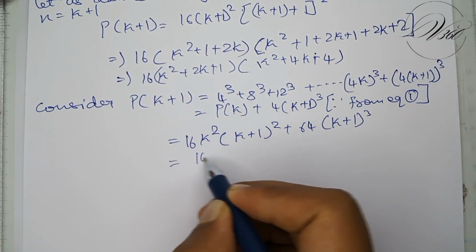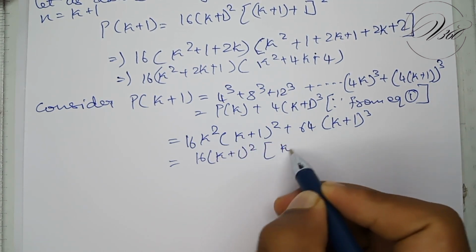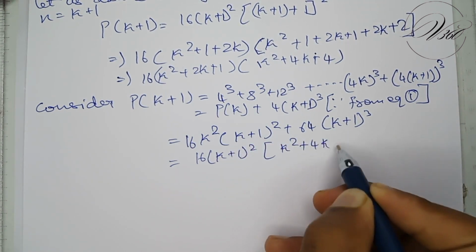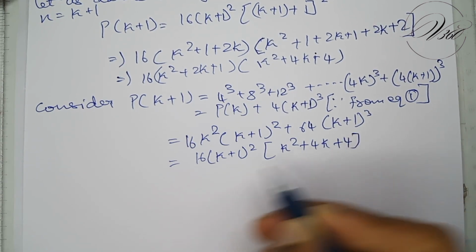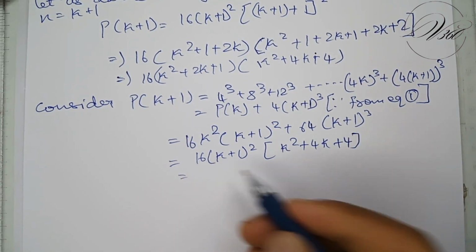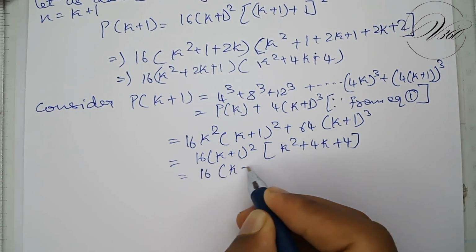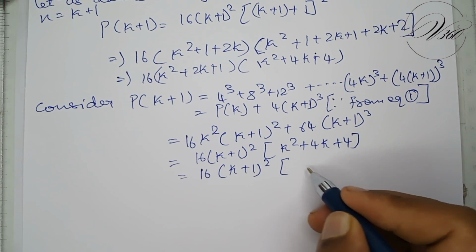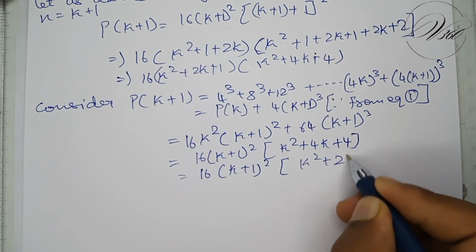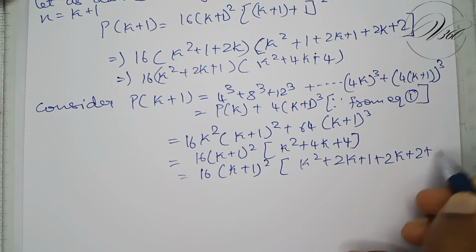Next we can write 16 of (k plus 1) whole square of (k square plus 4k plus 4). Now here we can distribute this 4k and 4 by 16 of (k plus 1) whole square of (k square plus 2k plus 1 plus 2k plus 2 plus 1).